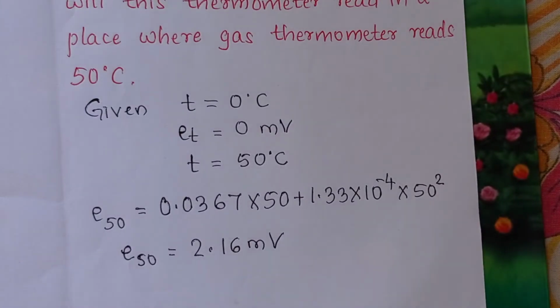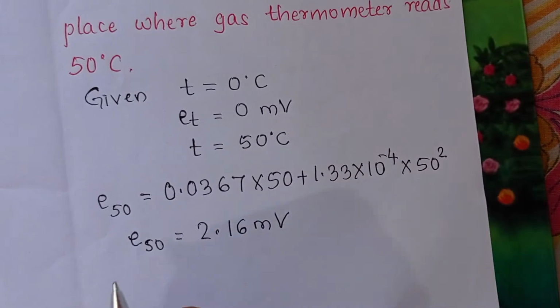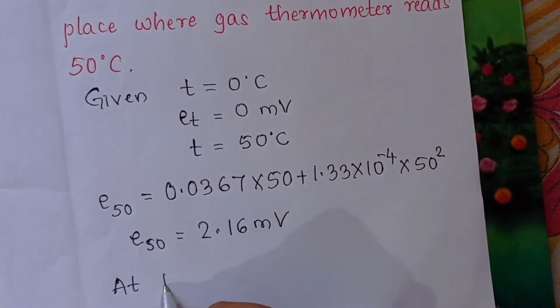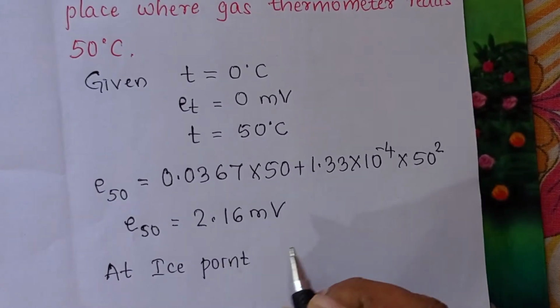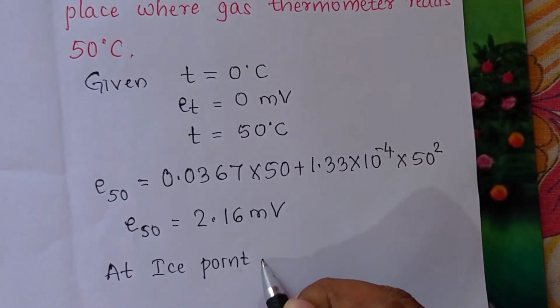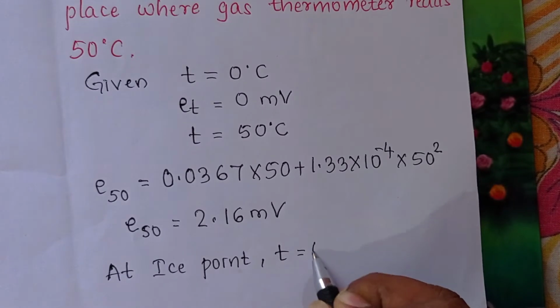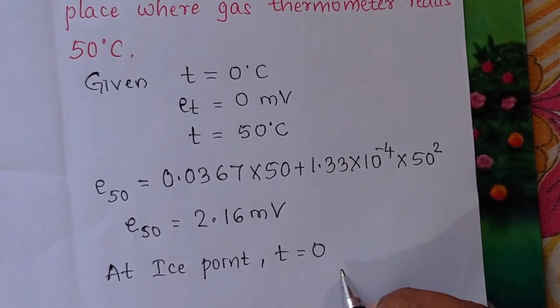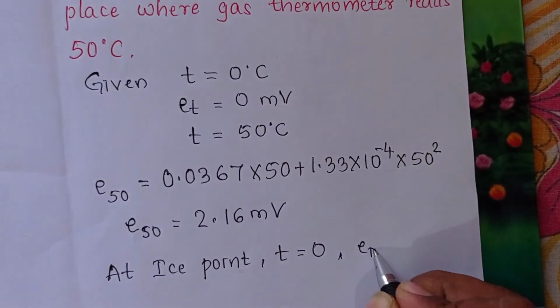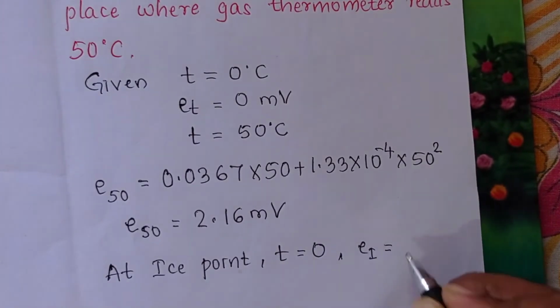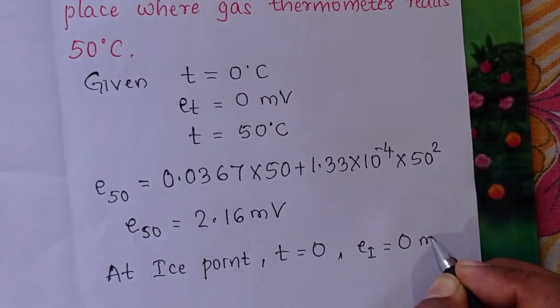Now we will take the two scales, that is at ice point and steam point. At ice point, when T is equal to 0 degree centigrade, even the millivolts also is 0.